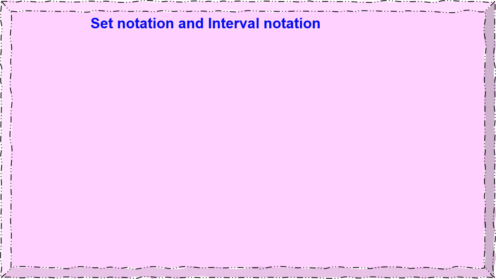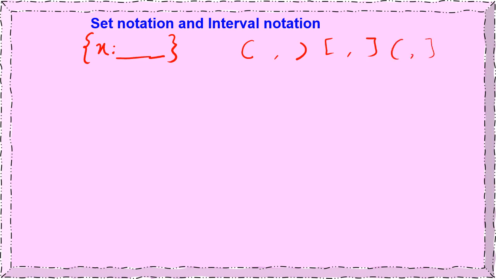Set notation and interval notation. This is how we represent the answer for inequalities. What is set notation? The one with the curly bracket. The answer should be in the form x such that x is in some interval. And for the interval notation, we use open or closed brackets or semi-open brackets.